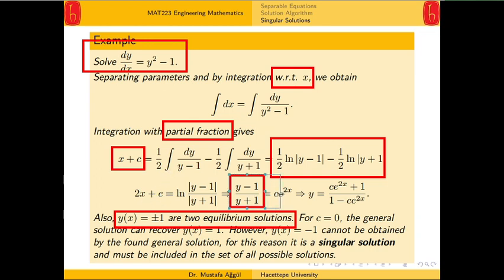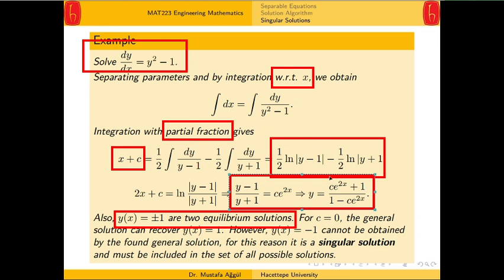In the last equation, solving for y is pretty straightforward. Multiply both sides by y plus 1, then you get y plus 1 times c e to the 2x. Move the 1 to the right hand side and the y terms to the left hand side, then divide both sides by the coefficient of the y terms, and you will end up with this solution. So this is our general solution.